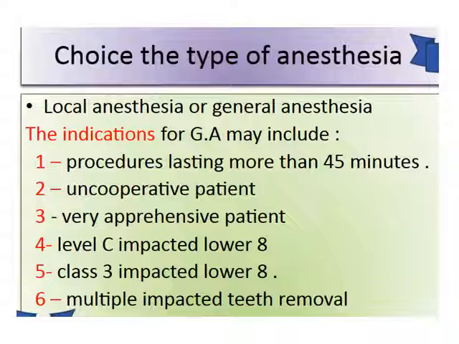Uncooperative patient, really uncooperative patient, very apprehensive patient, and level C impacted lower 8 و class 3 impacted. إذا تشرحون على classification يعني معناته difficult cases. And when we have to remove multiple impacted teeth، يعني ننطي general anesthesia ممكن نشيل 4 أسنان impacted أو 2 teeth، ذاك الوقت نحتاج general anesthesia.